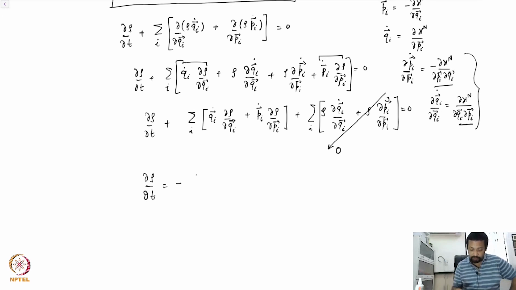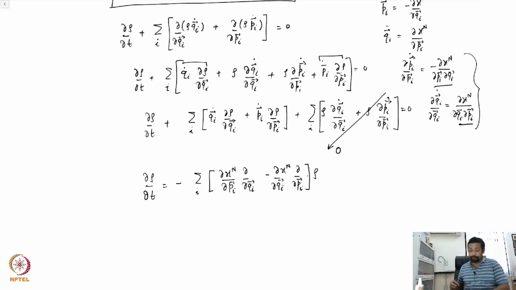I will take it to the other side. Sum over i. Let us replace this with del Hn del pi del del qi, plus, sorry, it has to be minus, del Hn del qi del del pi, times rho.